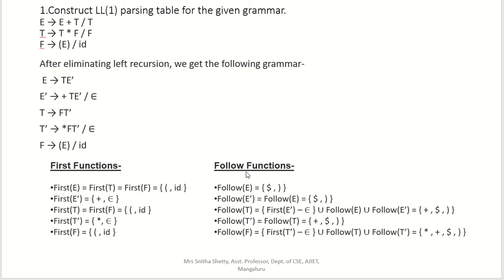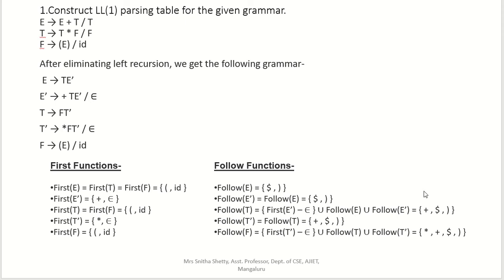Now where is T present? T is present in two places, over here and here. After T, what follows? E dash. After T, a variable E dash is following. If a variable is following, we should take the first of that variable. What is first of E dash? Plus and epsilon. But I have already told you that you cannot put epsilon in the follow, but you can put plus.